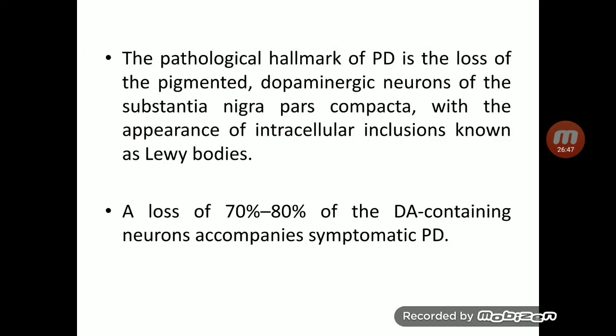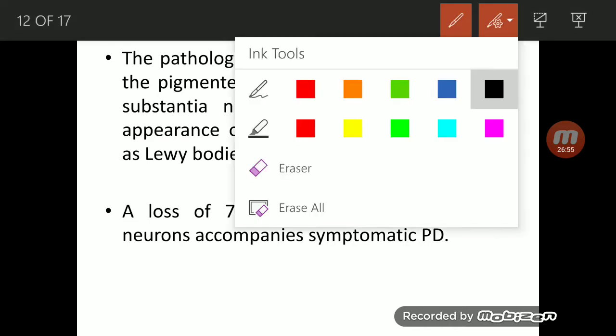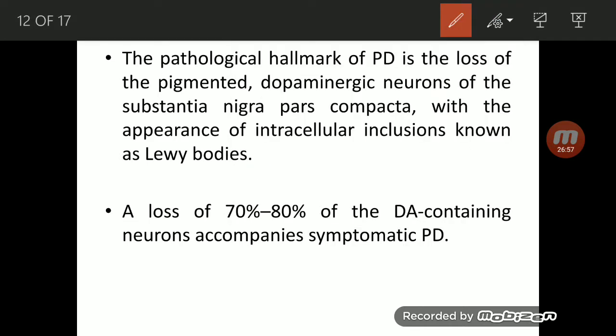In Parkinson's disease, since this is also a neurodegenerative disease, the main type of neuron that you lose is the dopaminergic neurons, and these dopaminergic neurons are generally lost from the substantia nigra pars compacta.